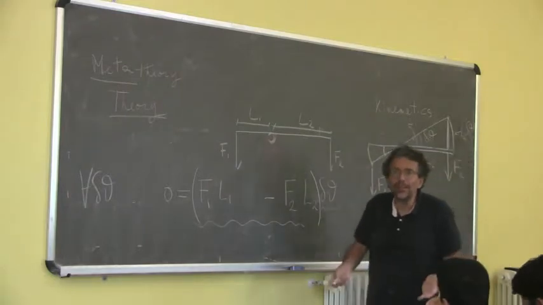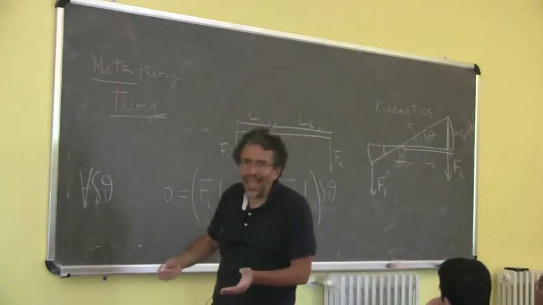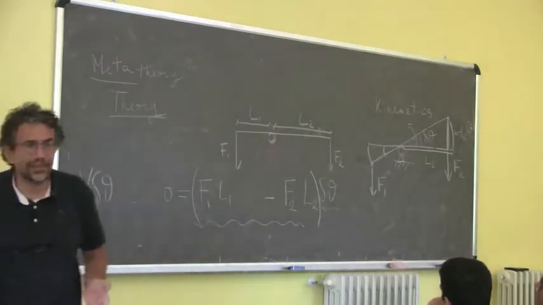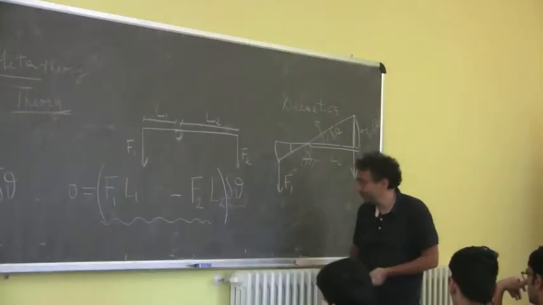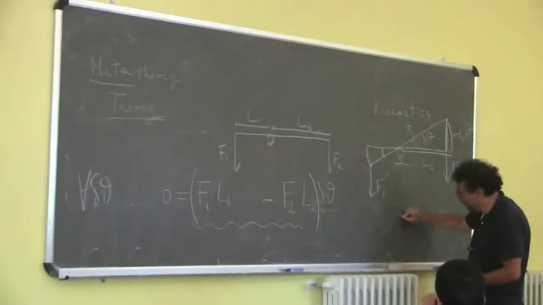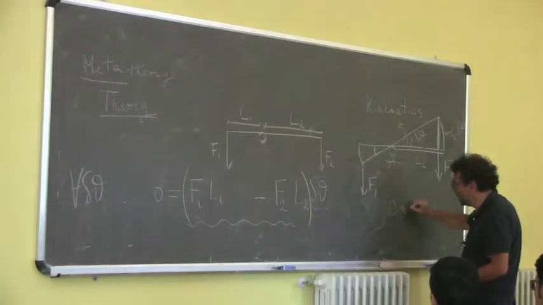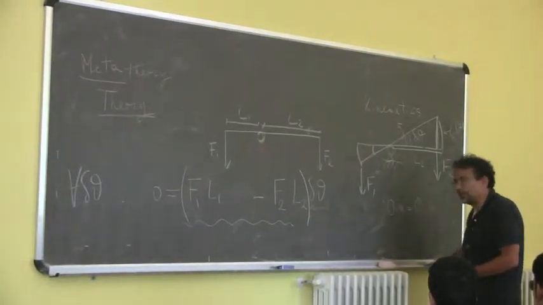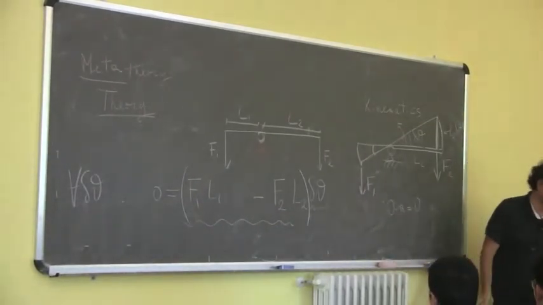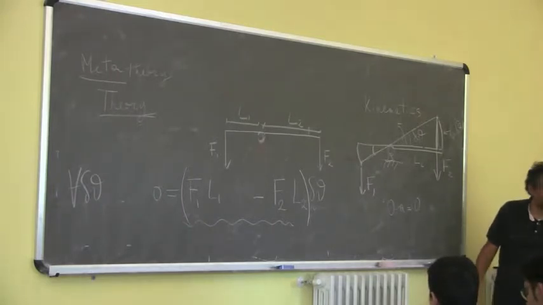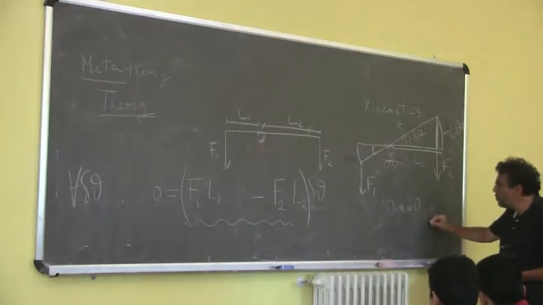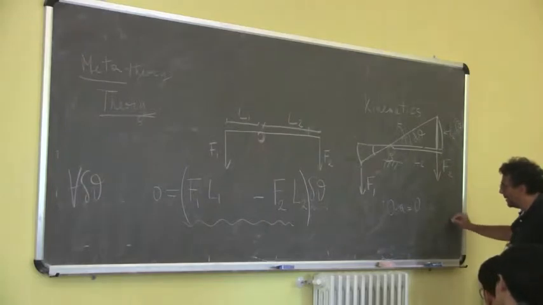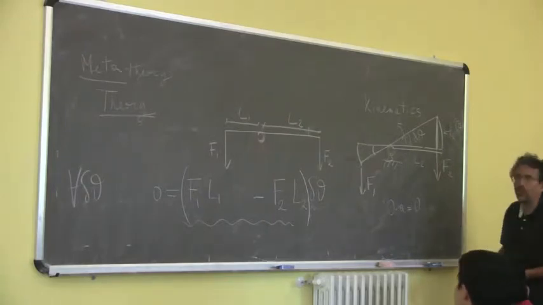Which number multiplied by every delta theta is 0? Every number multiplied by 0 gives you 0. So there is no number that multiplied by 0 gives you 1.